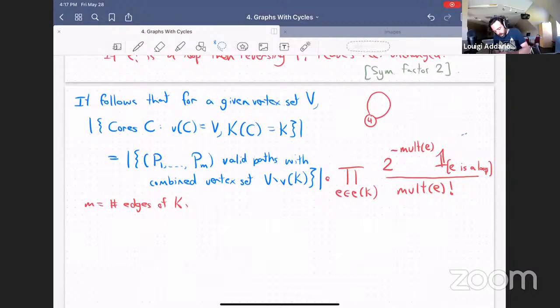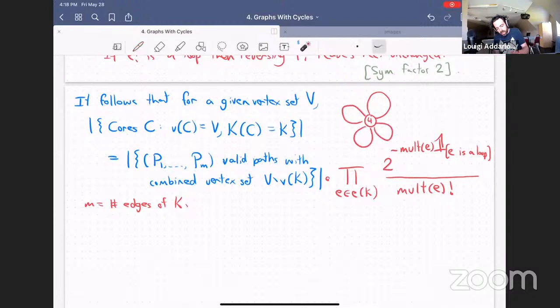The indicator should really be in the exponent so that the whole thing doesn't become 0. So this way, if e is not a loop, the numerator just becomes 1, and if e is a loop, then it gives us a factor of a half for each copy of that loop, right? There could be multiple loops sitting at the same vertex, and each of those, the corresponding path, could be listed in either direction.